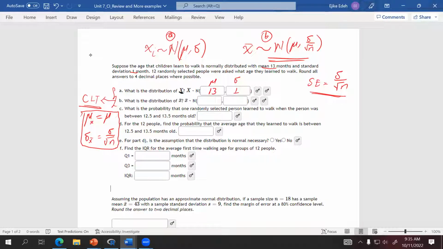If you are looking for the distribution of the mean itself, it will still have the mean 13. But the standard deviation will change to the standard error. So we're going to say, what is our standard deviation? It was 1.